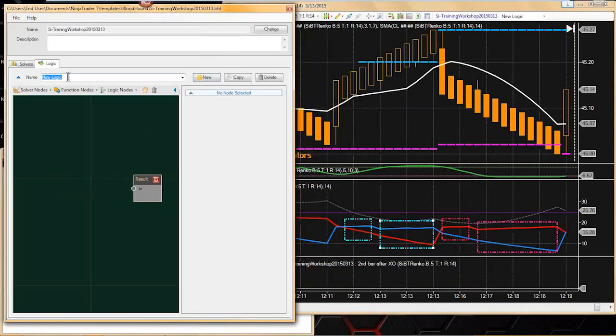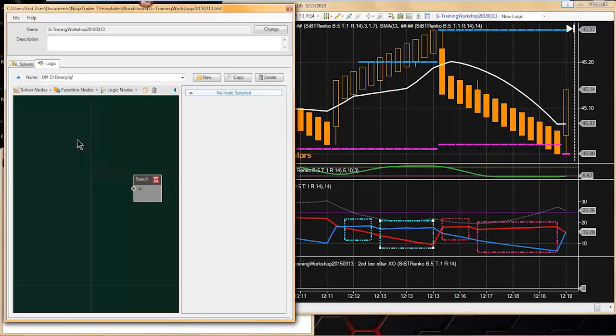All right, so we're looking for the DM, DI, DI, diverging. It's not a divergence, it's diverging.